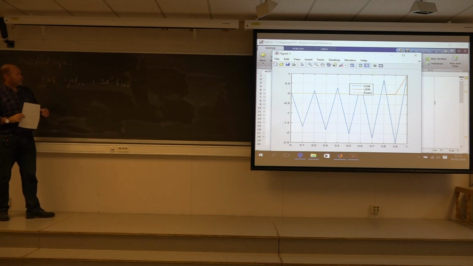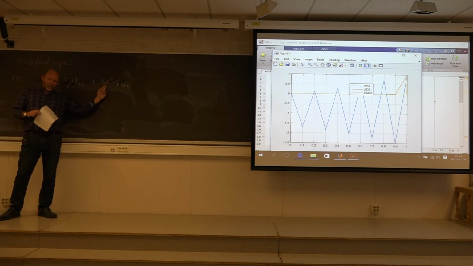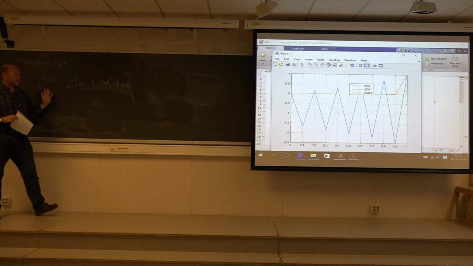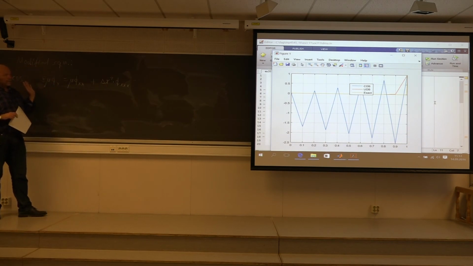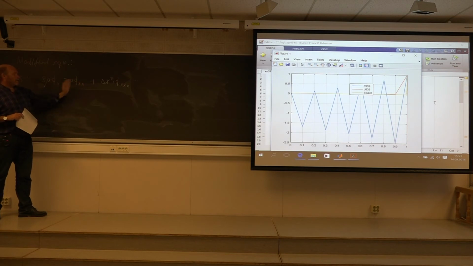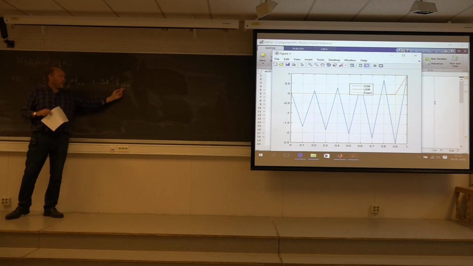So yes, it's second order accurate. The scheme is consistent. You just take the limit as delta goes to 0, you get back your original partial differential equation. So here it is okay. And the other, well, that's the third order derivative.